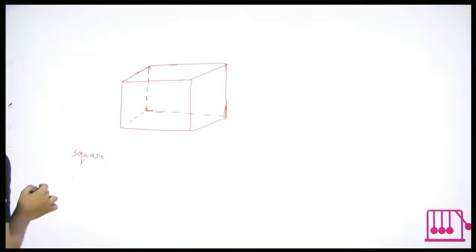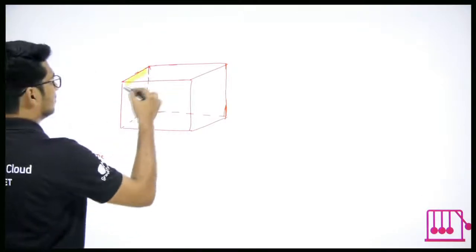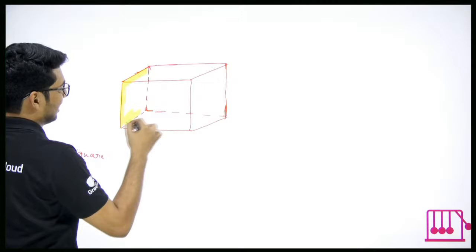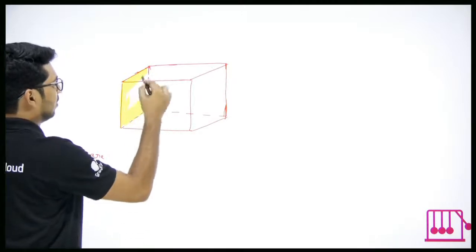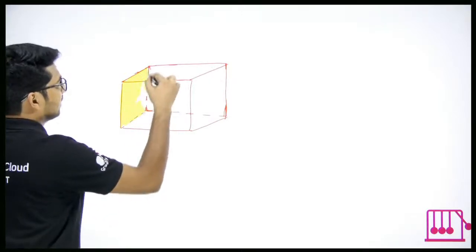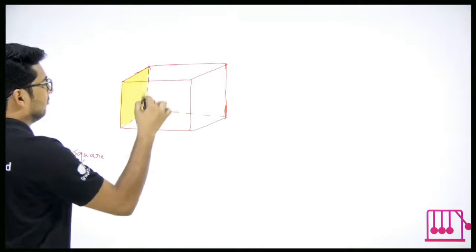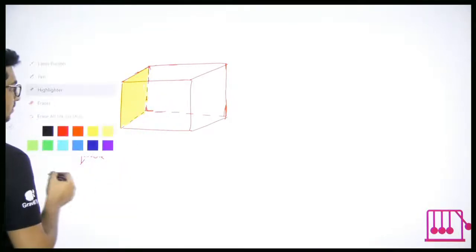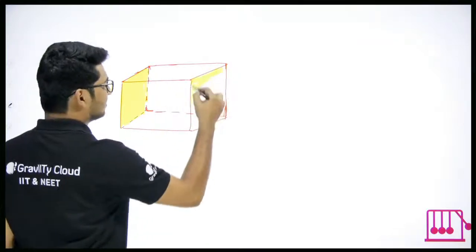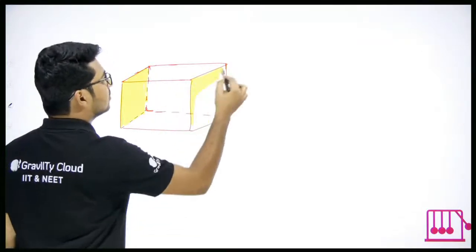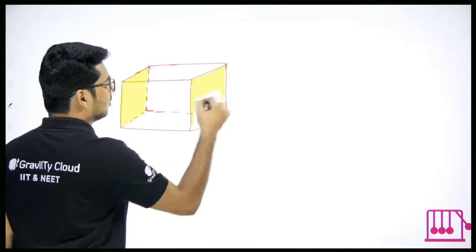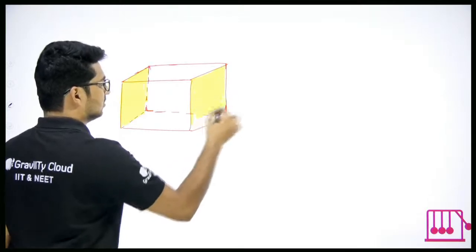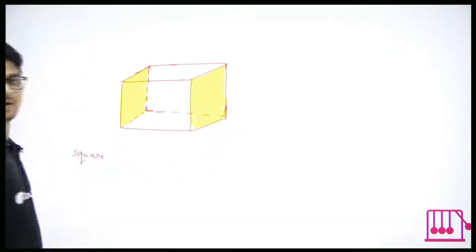Okay. So first comes this. This one face, not side. One face. Right? This one face. Good. Now, this another face. Another one. I am also shading it. Another one.